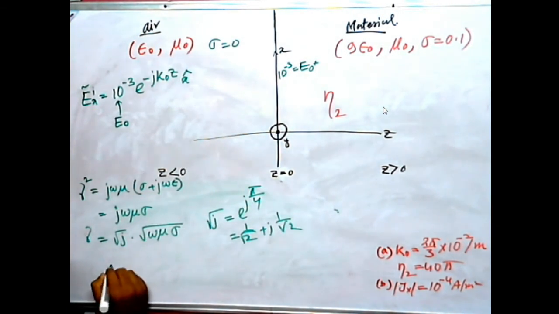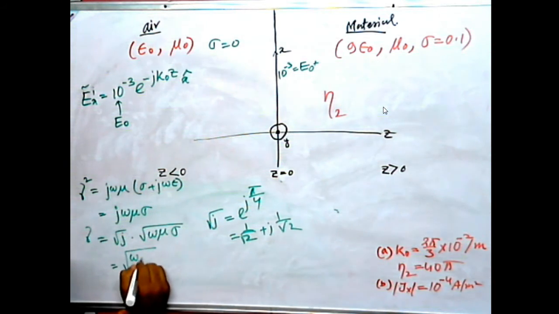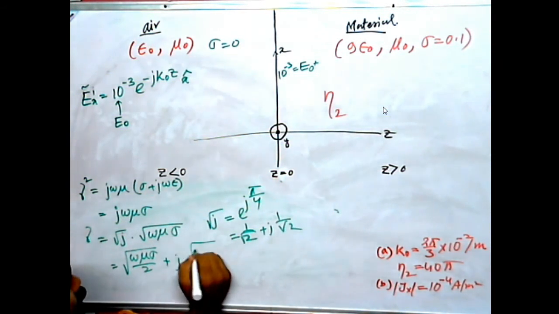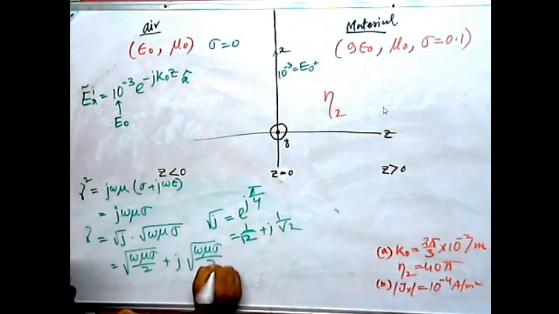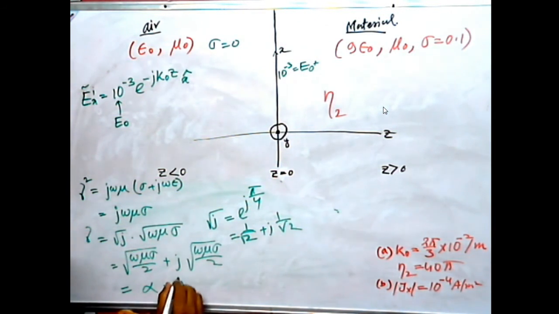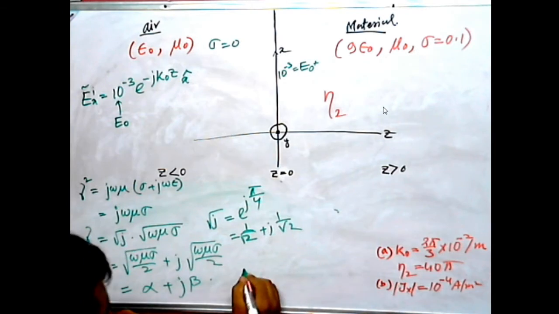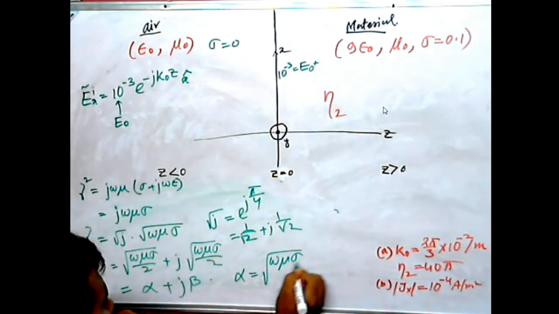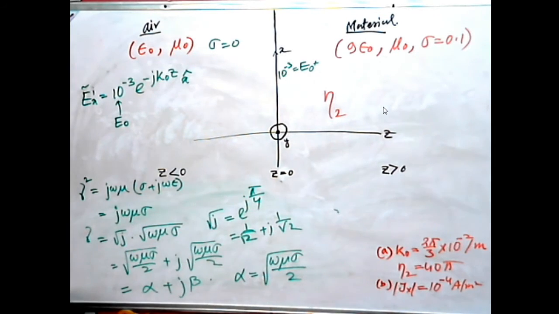So you can write this as under root omega mu sigma by 2 plus j under root omega mu sigma by 2, that is basically alpha plus j beta. So what is your alpha? Your alpha is basically under root omega mu sigma by 2.